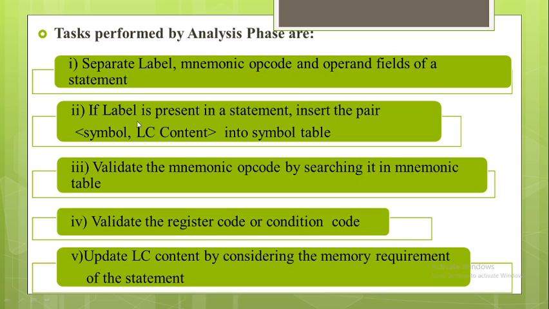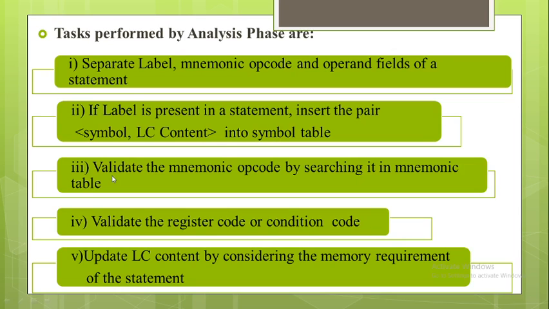Now if a label is present in the statement, it inserts the pair of symbol with its corresponding LC content into the symbol table. As we know, the symbol table consists of two entries, the symbol name and the corresponding address.